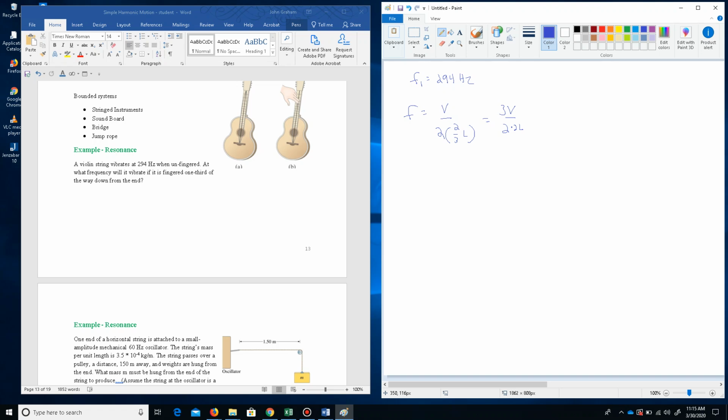And this V over 2L, remember, fundamental is V over 2L. So that's in this case 294. So this is 3/2 times 294, which comes out to be 441 hertz. And so that's your fundamental frequency when you put your finger on it, and so you change the sound.